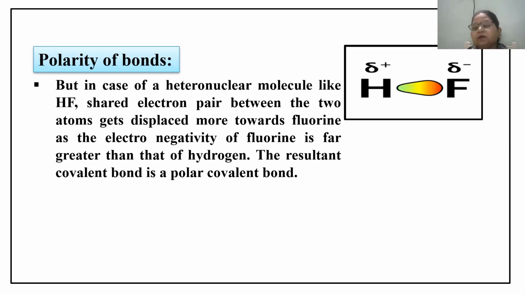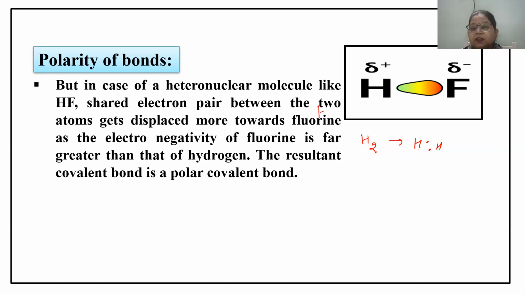This must be familiar to you because at the beginning of the chapter, we did polar covalent and non-polar covalent bonds. Cl2, H2, F2 have non-polar covalent bonds. In H2, two hydrogen atoms share a pair of electrons, and both have equal power, so the pair lies between them.